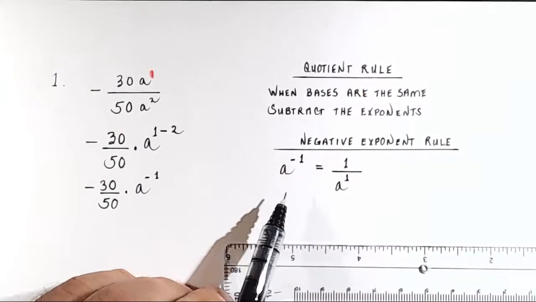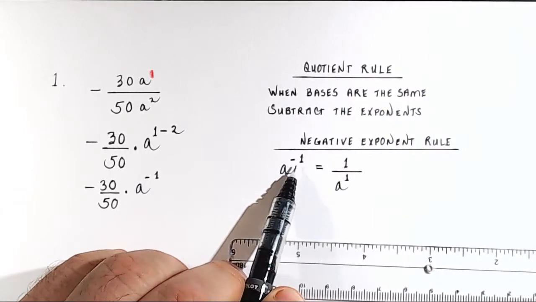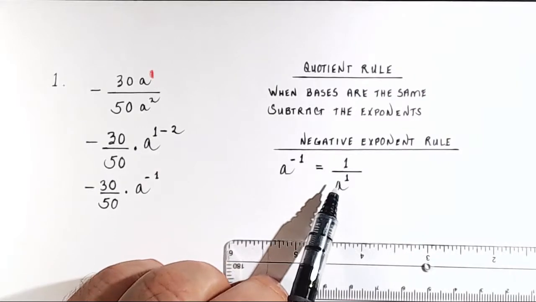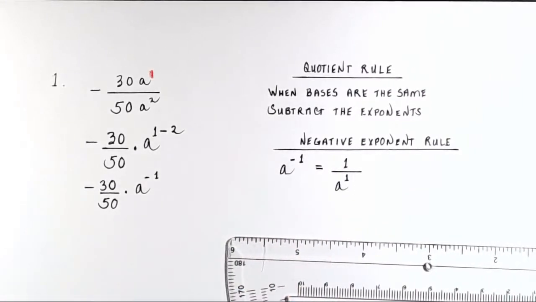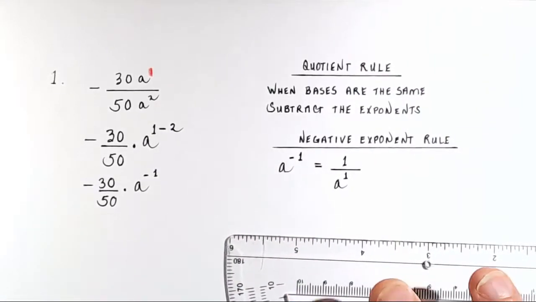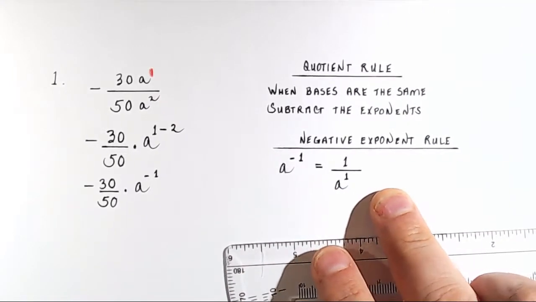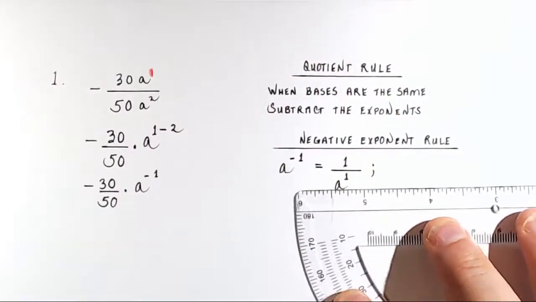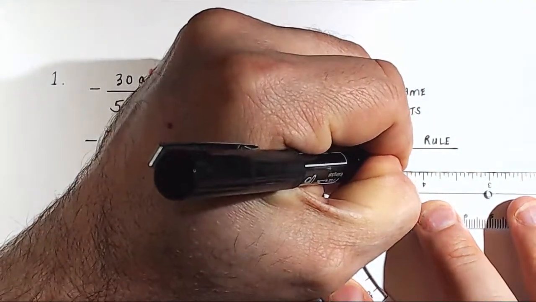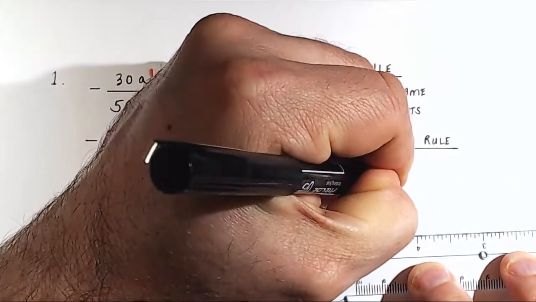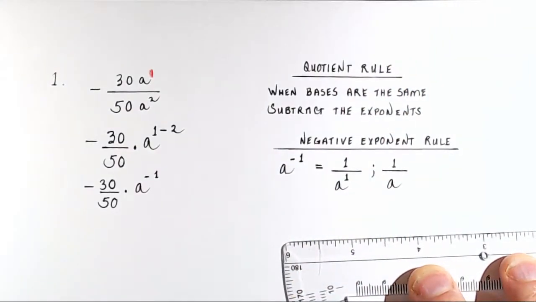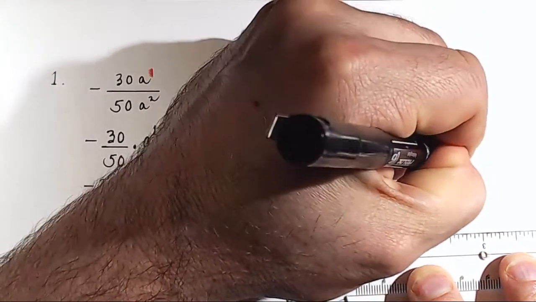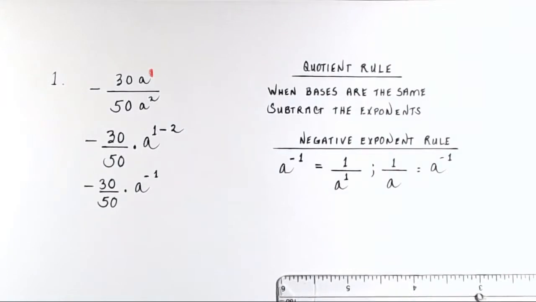So just look at it for a second, it becomes apparent. If you end up with a to the negative 1, you rewrite it as 1 over a to the first power. Okay? So that's our negative exponent rule. And it works the same way in reverse. If you find yourself with 1 over a, okay, you can rewrite that as a to the negative first power. That's the negative exponent rule.